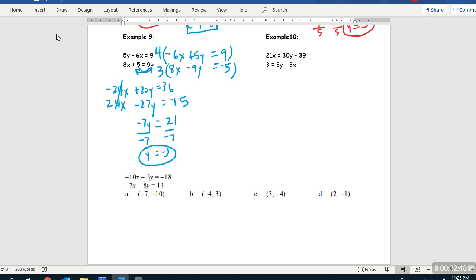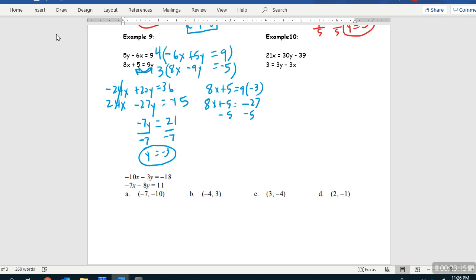So we're going to plug that back into, you can use the originals, you can use the ones you changed up. I'll just go with this first original here. So we'll go 8x plus 5 equals 9 times -3. 8x plus 5 equals -27.